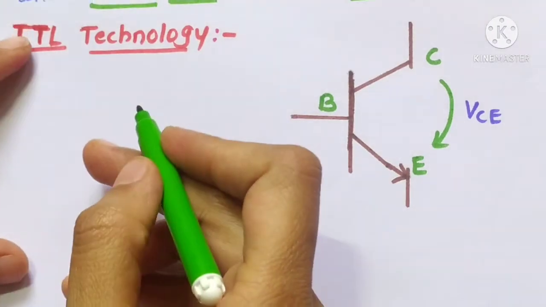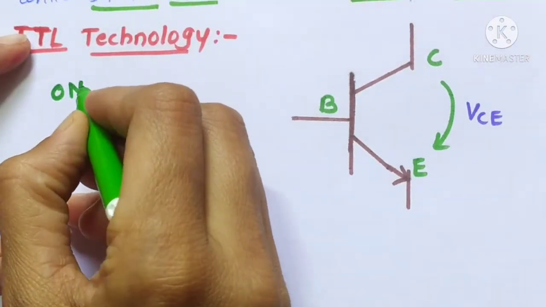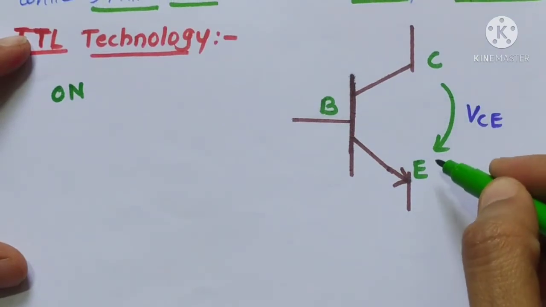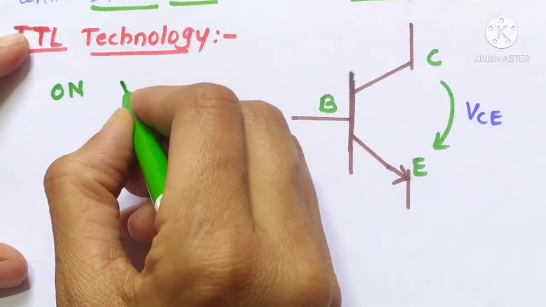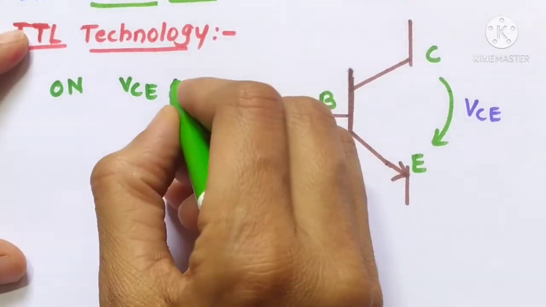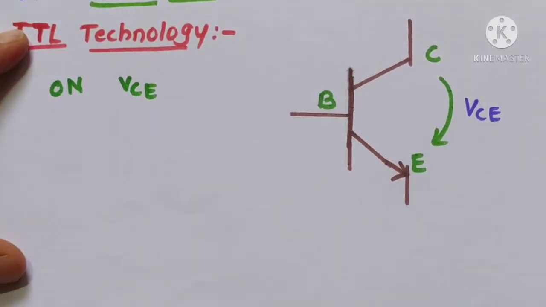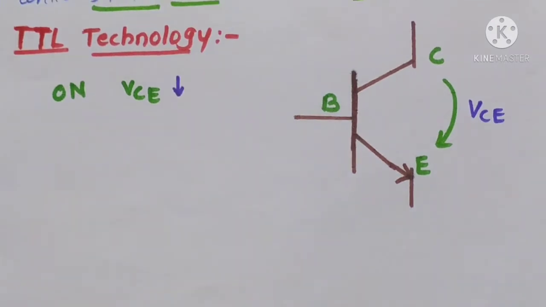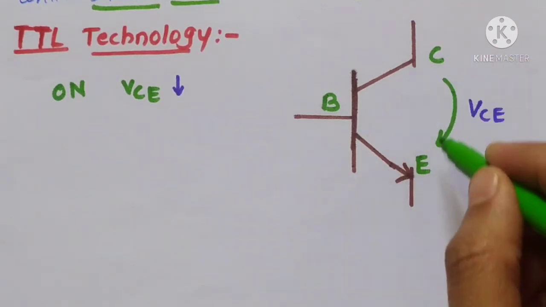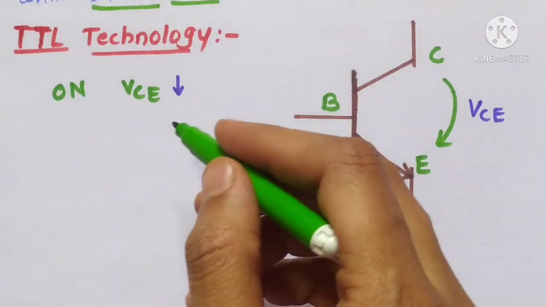Similarly, when the transistor is switched on, its collector emitter voltage, VCE, goes low. Is that clear students? I repeat again. When the transistor is on, its collector emitter voltage VCE goes low.